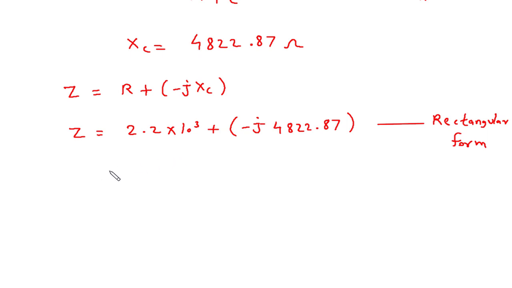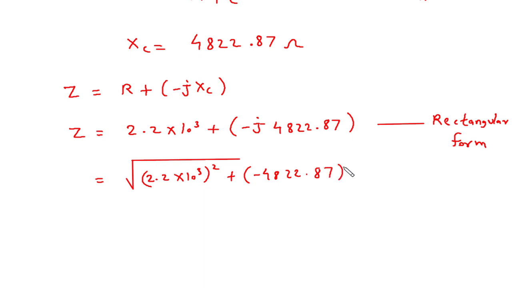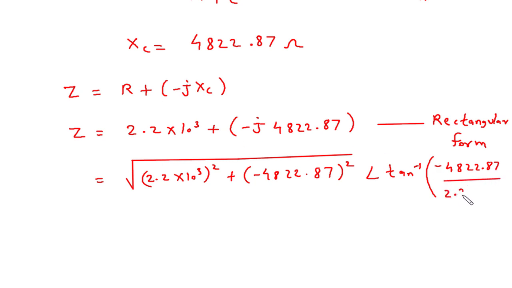Now, its equivalent polar form will be the square root of (2.2 into 10 to the power 3) squared plus (minus 4822.87) squared, at an angle of tan inverse of minus 4822.87 divided by 2.2 into 10 to the power 3.